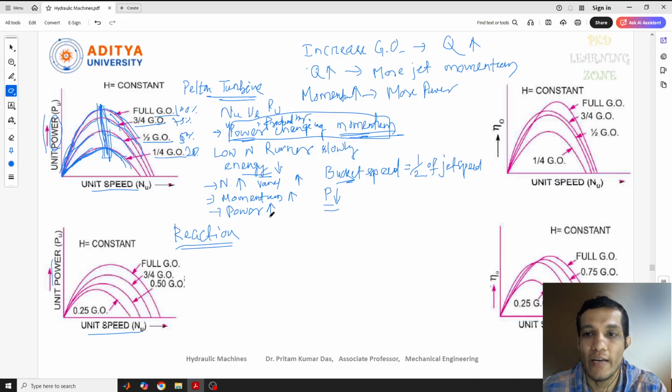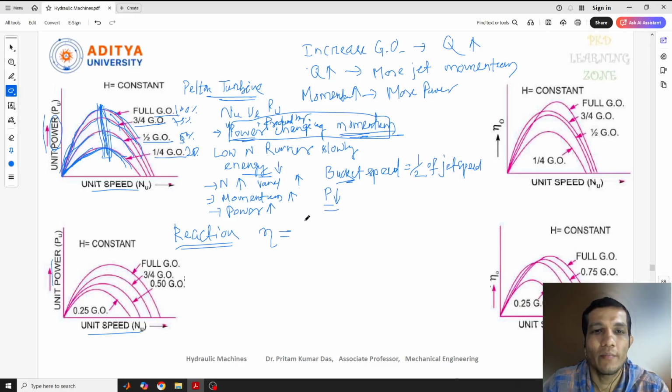Similarly, for the reaction turbine, similar things can be identified. In the reaction turbine, I will give a similar kind of concept, but it's slightly different. I'll start from power and efficiency, which are both connected, because we know that efficiency equals output by input.